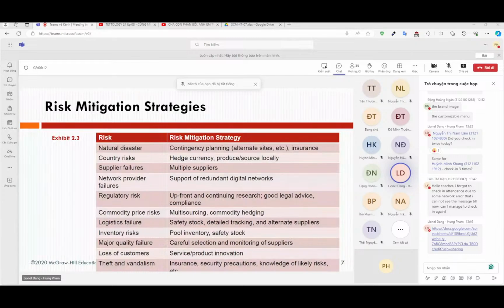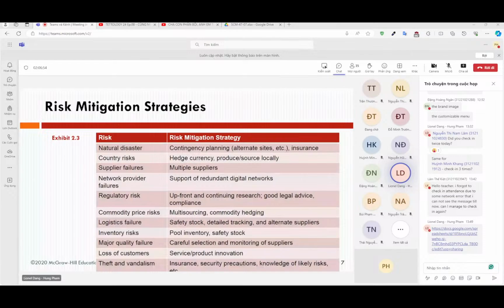So if you have warehouses in different areas, and something is not optimized, if you have a pool inventory, you can have a central location, and then you can distribute to different warehouses or different manufacturing sites. So that is the pool, meaning that all the sites will share the same pool of inventory. Okay. Yeah, I got that.